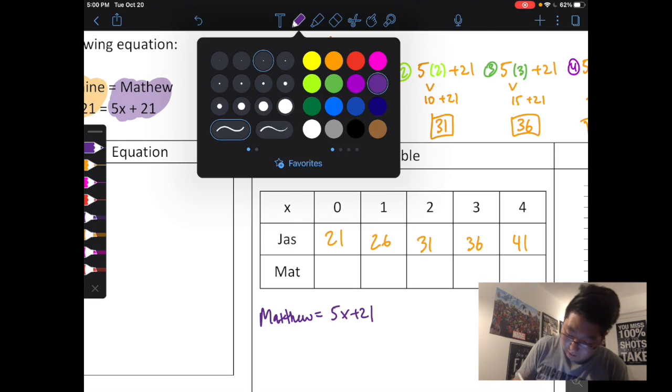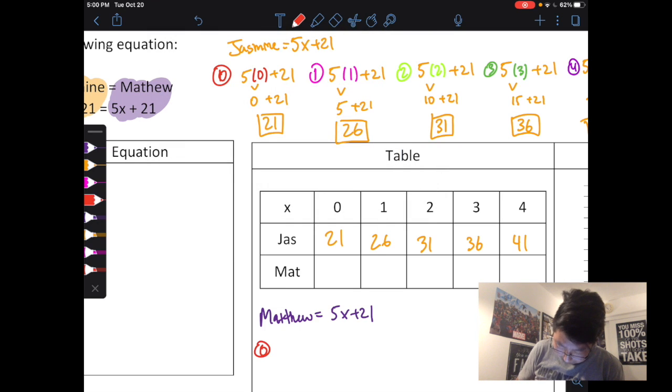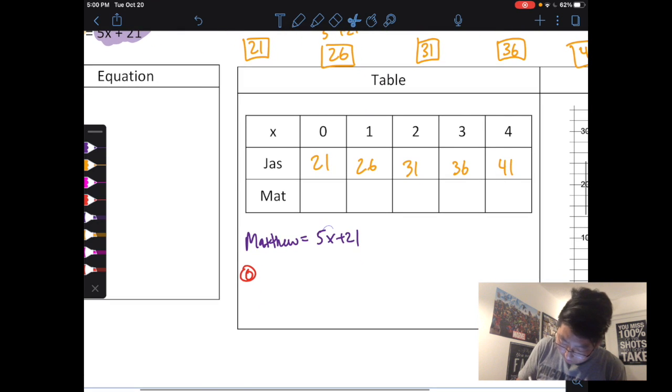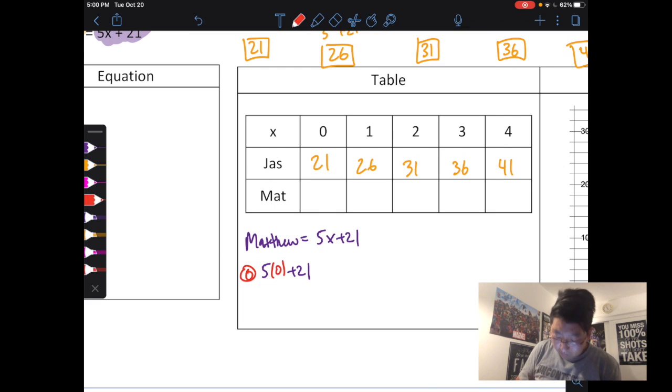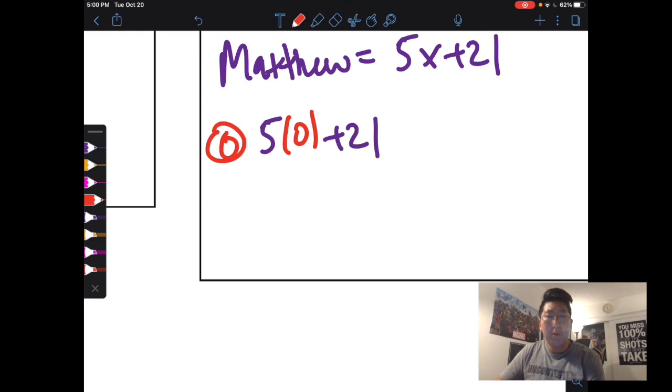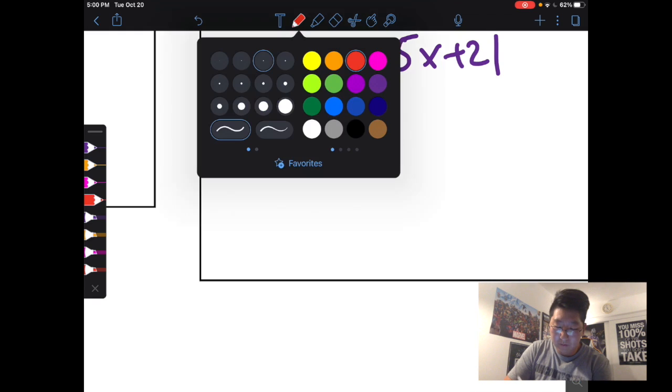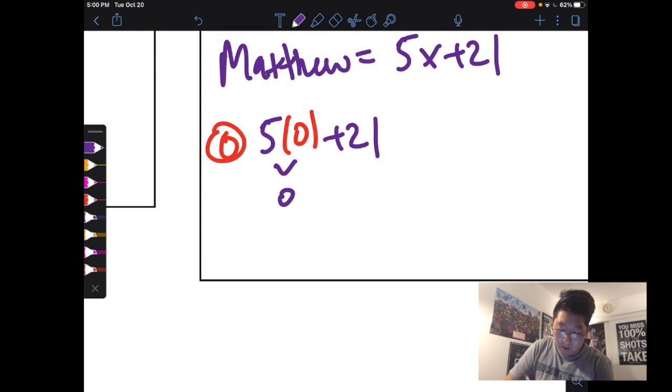But I'll do it anyways. Instead of x, put 0. 5 times 0 plus 21, we already did that. 0 plus 21 equals 21.